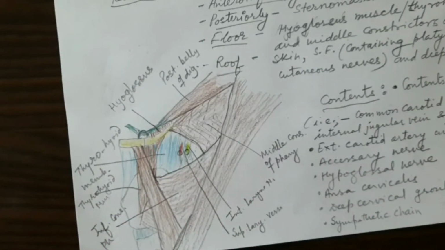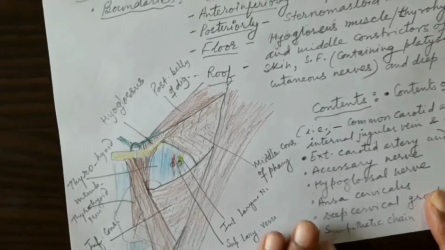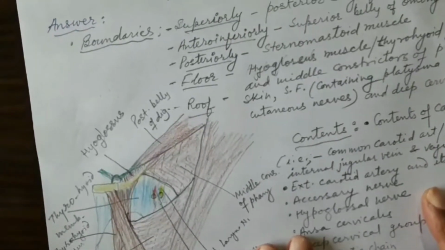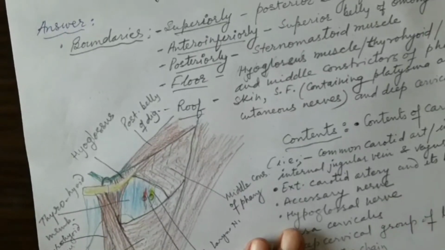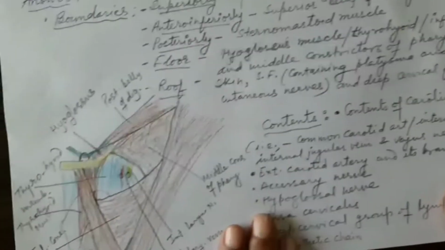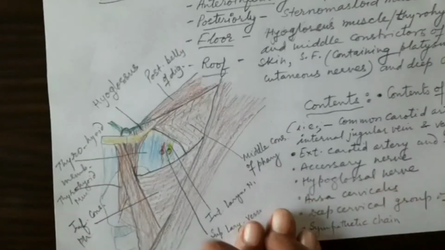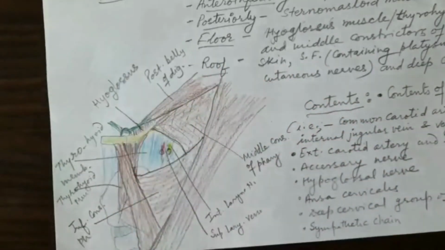The other muscles are there, but they will not come into the carotid triangle. They will remain in the muscular triangle, for example sternohyoid and sternothyroid. They are away from the carotid triangle, that's why I am not talking about them. So I hope the floor of the carotid triangle is complete.